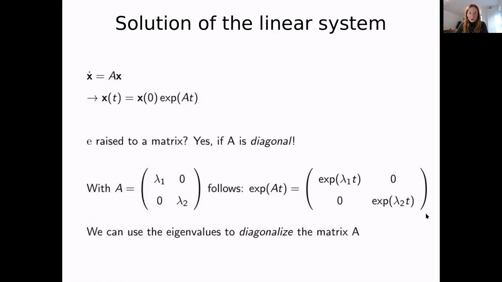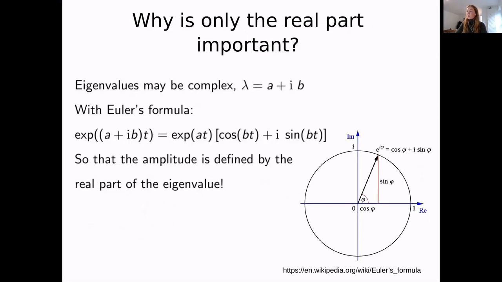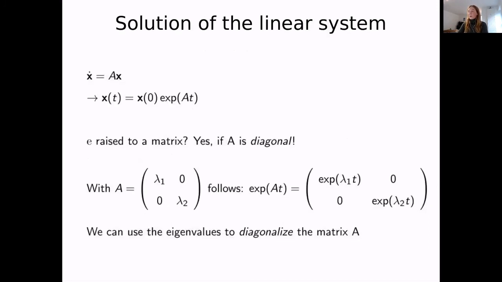And why are we talking about real parts or imaginary parts? So it turns out that those eigenvalues that we can put on the diagonal line of our matrix can be complex, even if we have a totally real physical system. And then we not only need to know what is the exponential function raised to a matrix, but we also need to know what is the exponential function of an imaginary number.